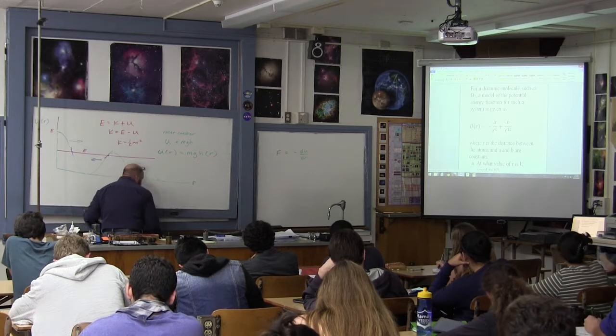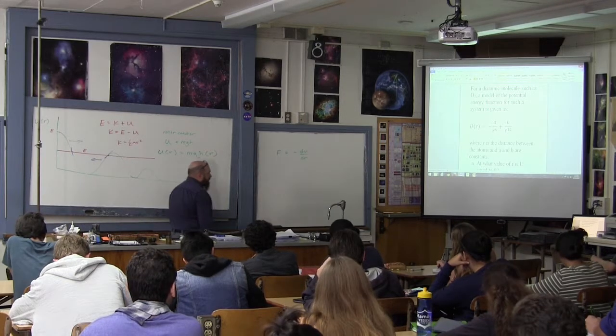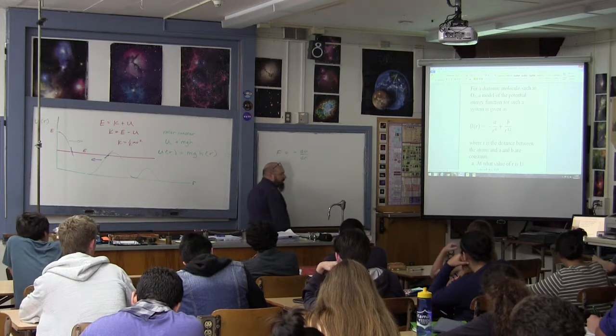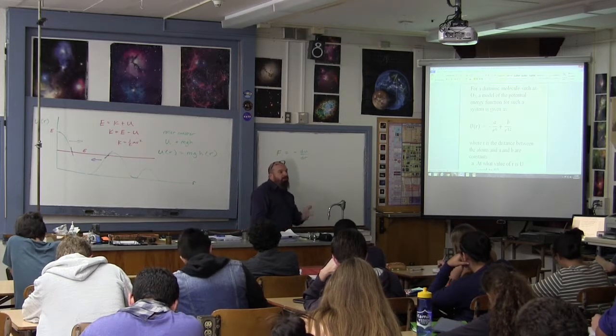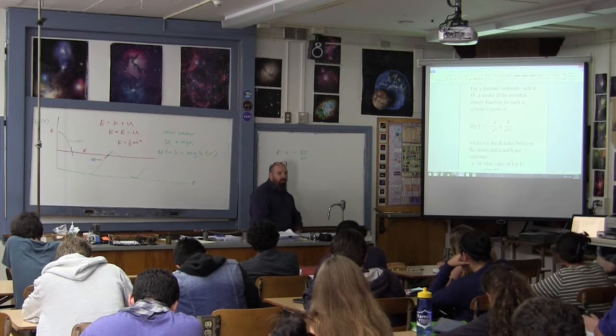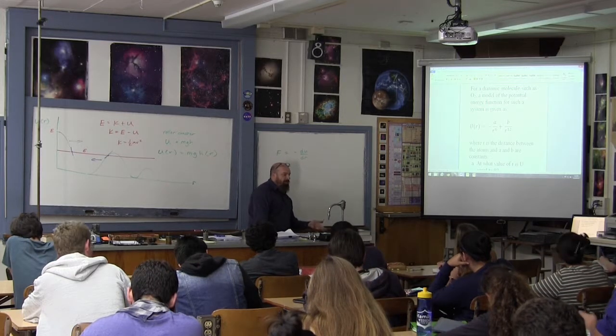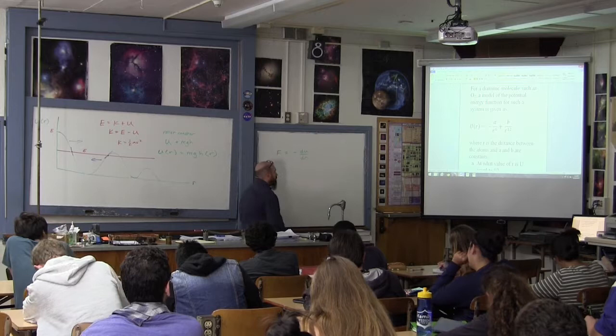This is the potential energy function associated with a diatomic molecule, something that is bonded in a covalent bond. The covalent bond itself, as you'll see in part, can be modeled as a spring. You'll see why as we actually draw out the potential energy diagram associated with this function.